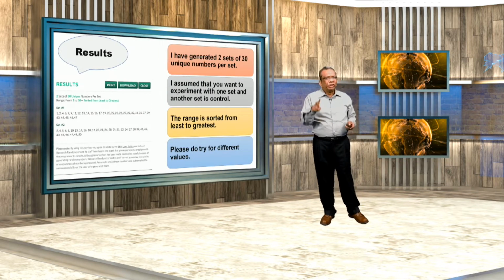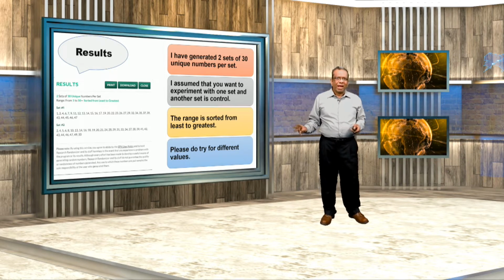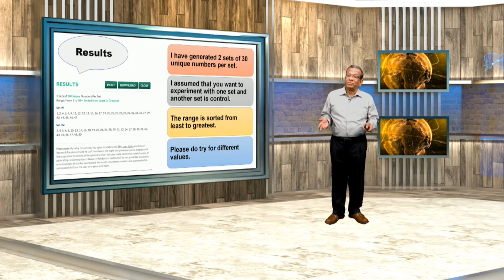Now, I have generated two sets of 30 unique numbers per set. I assume that you want to experiment with one set, another set is a control. The range is sorted from least to the greatest.